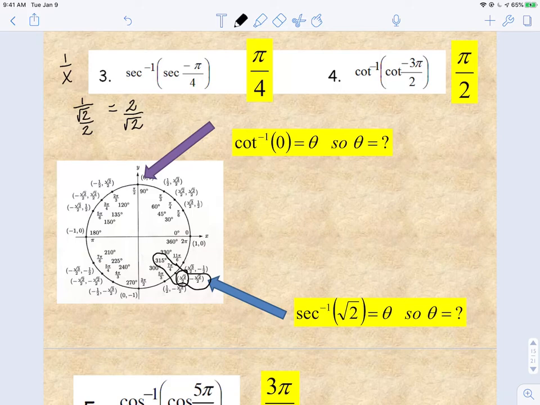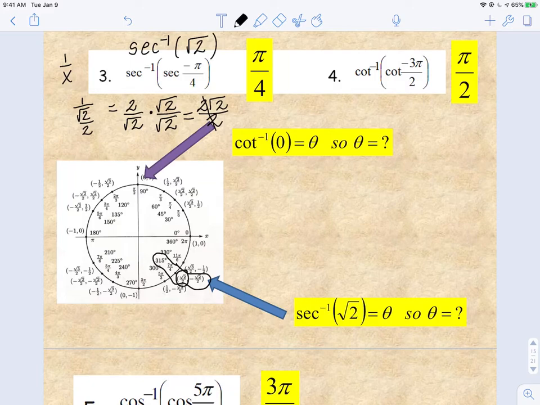And then I have to rationalize that. I'm going to multiply the top and the bottom by the square root of 2. I end up with 2 root 2 over 2. And those 2's are going to cancel and leave me with just the square root of 2. So now I'm looking for inverse secant of the square root of 2.